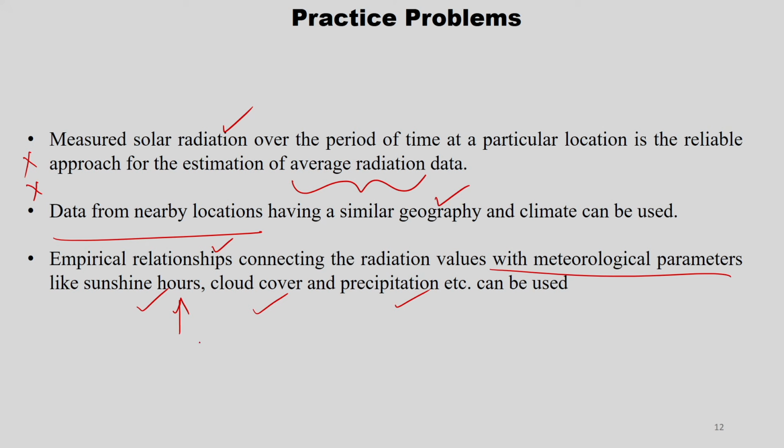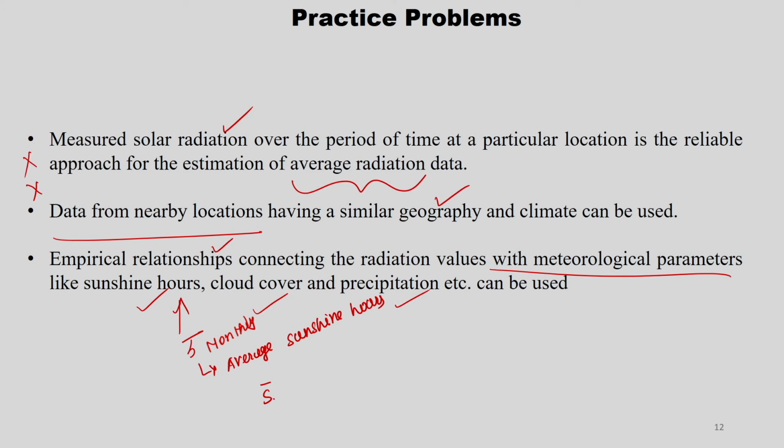So, we have now learned two things. One is S bar, the monthly average sunshine hours.